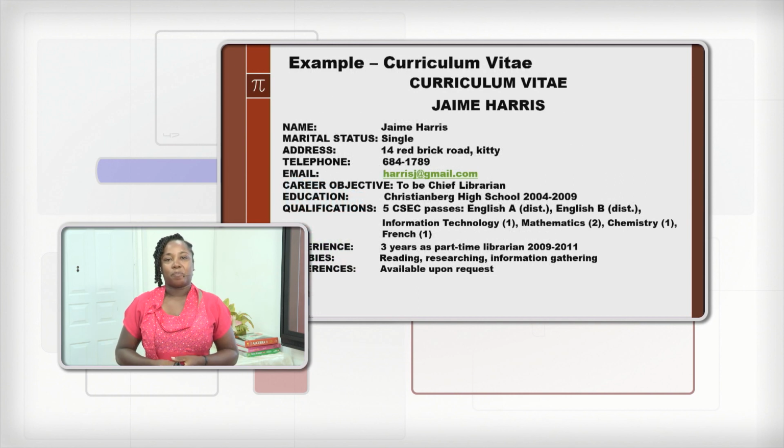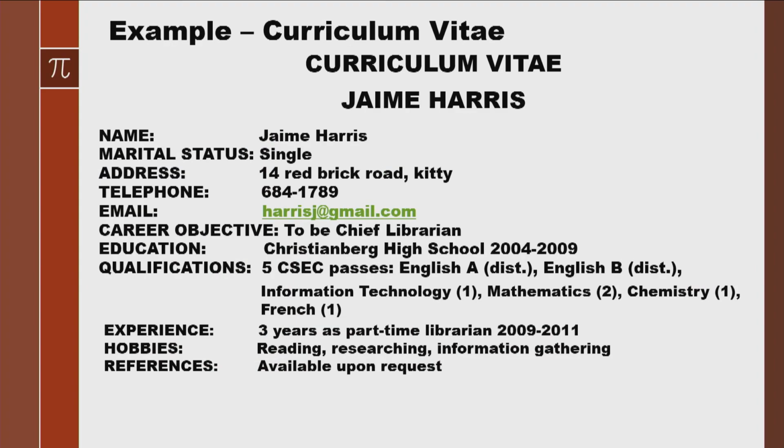Now here's an example of a curriculum vitae. And if you examine it, you will see that the word curriculum vitae is written at the top boldly, followed by the name of the person just underneath. At the side, you have all the components that we just discussed that should be on the curriculum vitae.